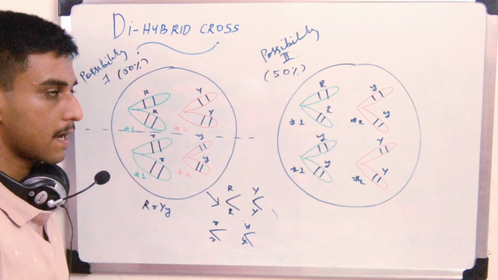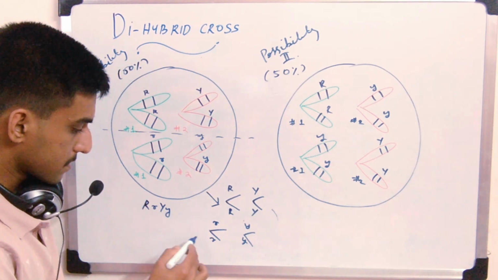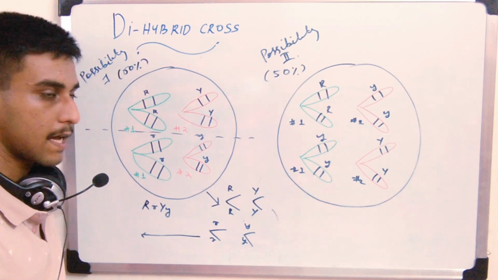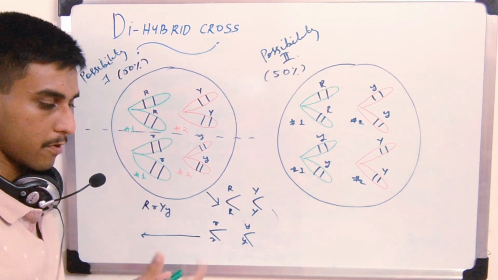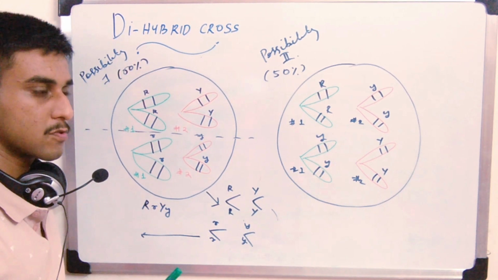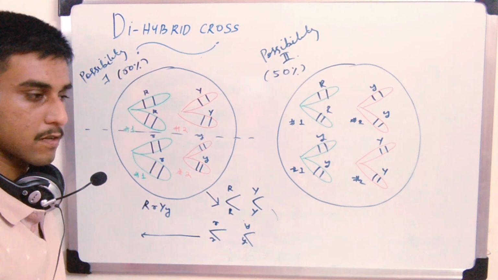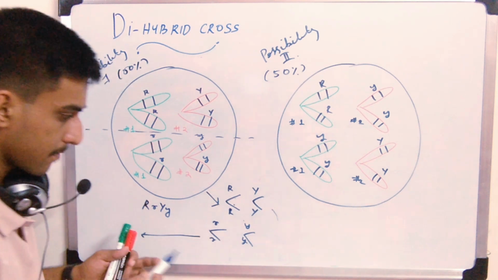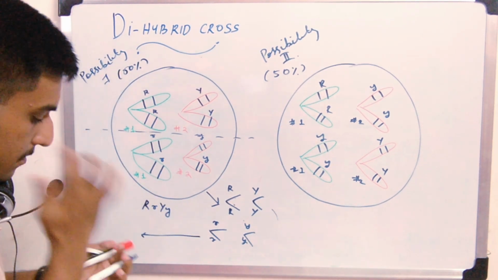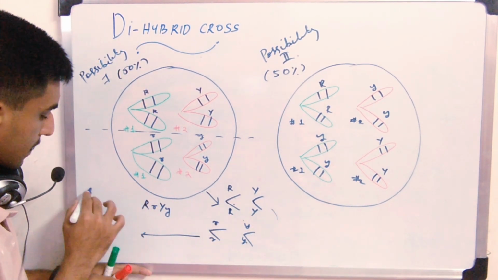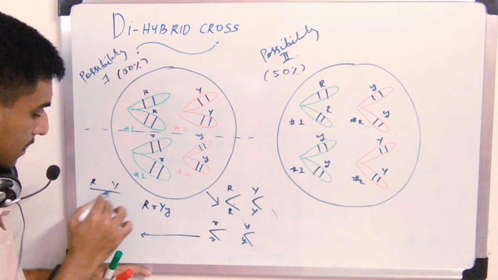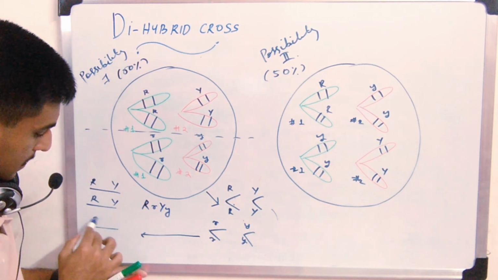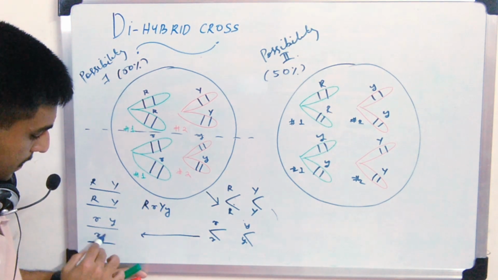Now what happens after meiosis 2? After meiosis 2, we know there is segregation of the sister chromatids. Meiosis 1 anaphase will form segregation of homologous chromosomes, and in meiosis 2 it will form the segregation of the sister chromatids. So this is a sister chromatid, this is a sister chromatid. They will separate and form RY, and also RY, right?